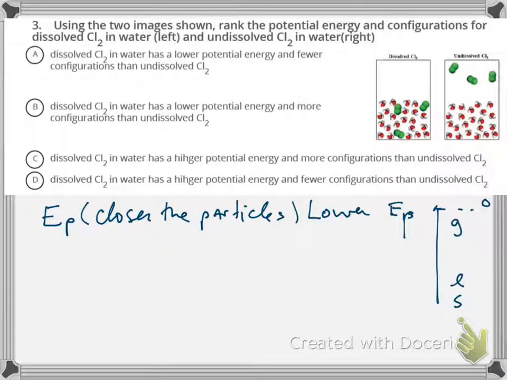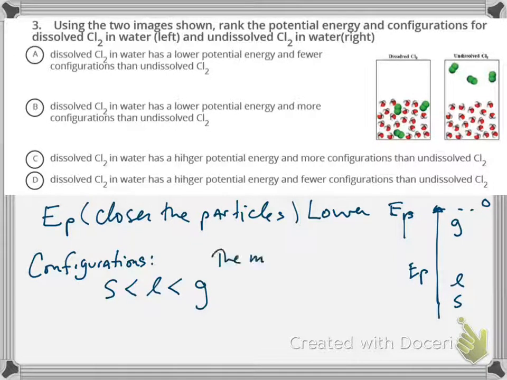So gases have the highest potential energy, then liquids, and solids have the lowest potential energy. For configurations, we made the argument that solids have the least, liquids have the next, and gases have the most configurations, or the most options in terms of how the particles are distributed.